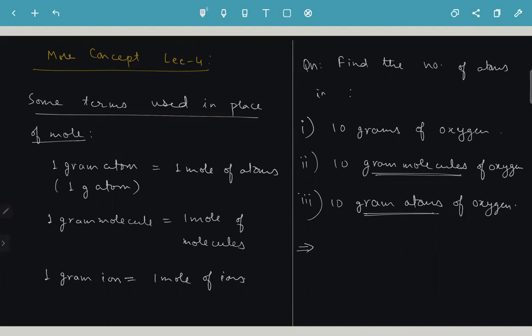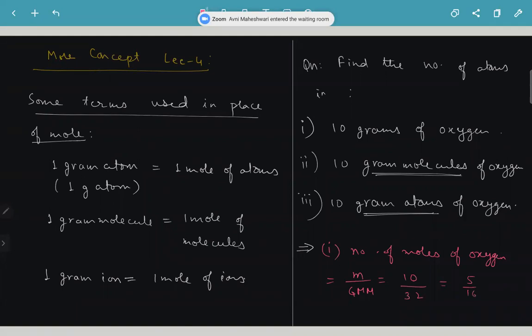Ten grams of oxygen. We will find out number of moles of oxygen, which is equal to mass upon gram molecular mass. 10 divided by 32, or 5 by 16, is the number of moles of oxygen.